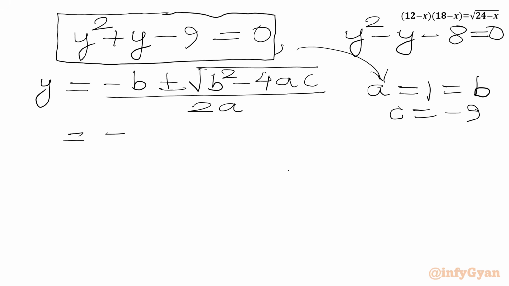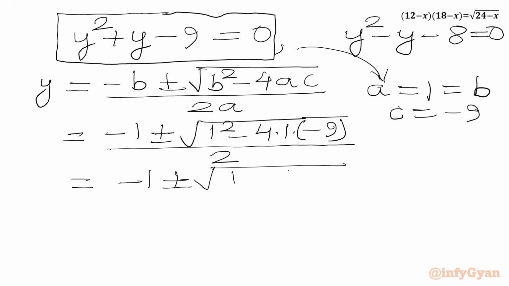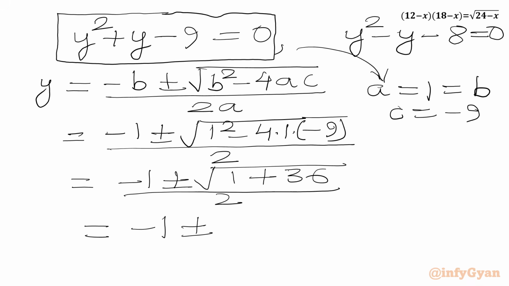We will get minus 1 plus minus square root of 1 square minus 4 times 1 times minus 9 divided by 2 times 1, which is 2. So we will write here minus 1 plus minus square root of 1 plus 36 over 2. So from here we are getting two values of y, minus 1 plus minus square root 37 over 2.